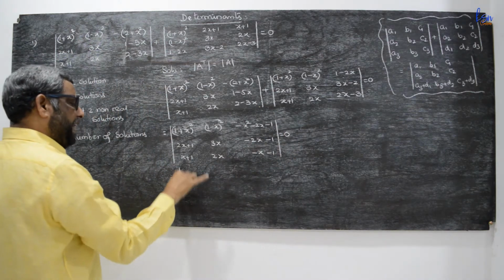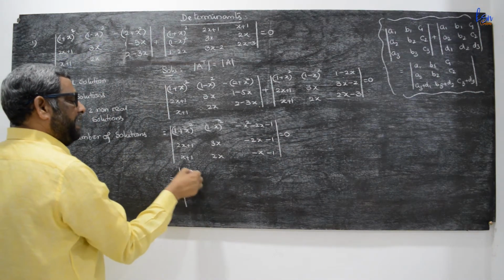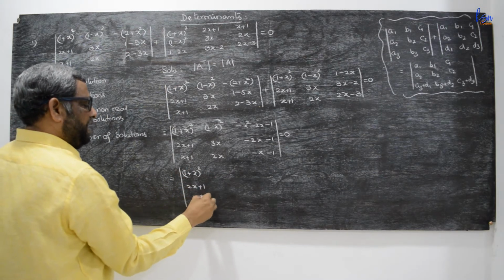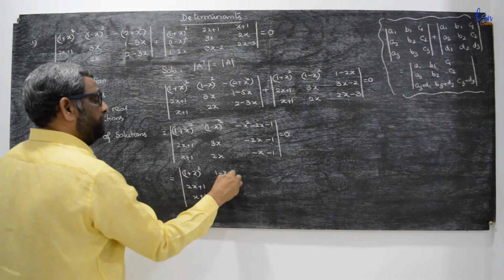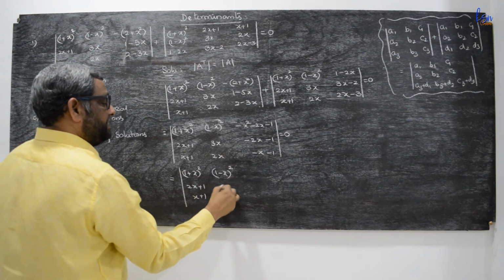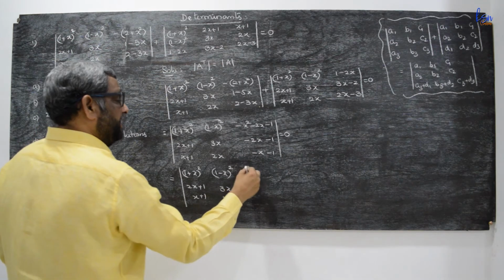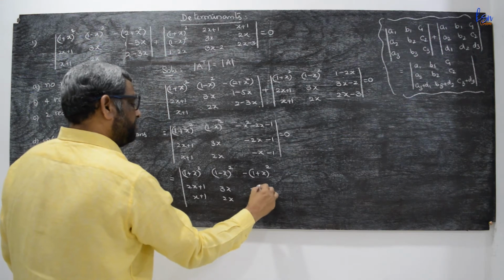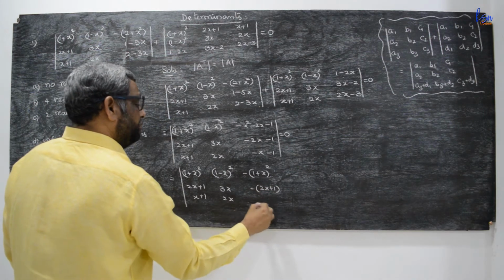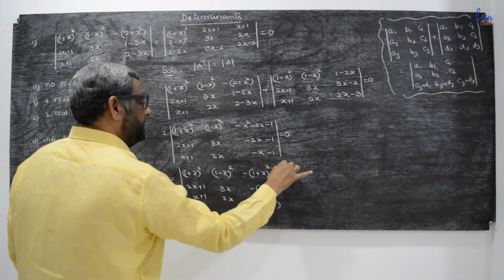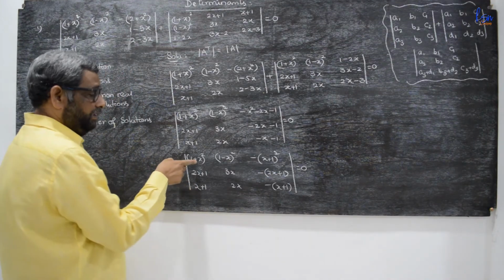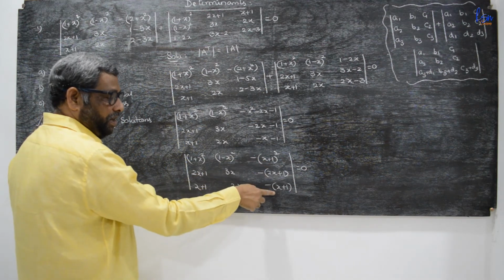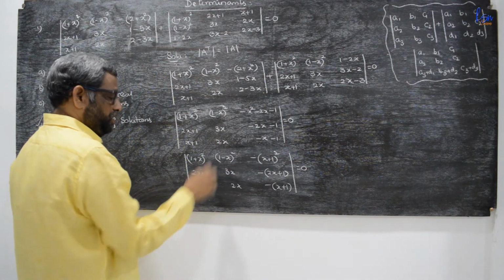Here you can write it as 1 plus x whole square, 2x plus 1, x plus 1, 1 minus x whole square, 3x, 2x, minus of 1 plus x whole square, minus of 2x plus 1, minus of x plus 1 is equal to 0. Here the elements of the first column and the elements of the third column are proportional to each other.